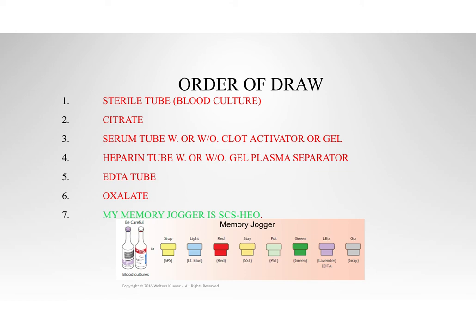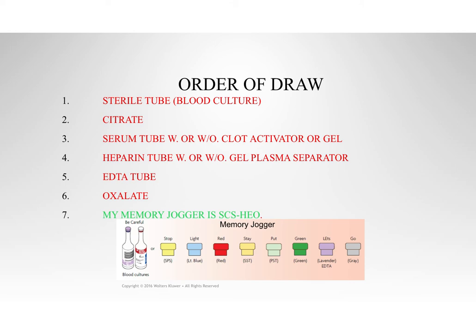But if you have a citrate tube and an oxalate tube, you're going to draw the citrate and then the oxalate. You don't have any of the others, okay? If you have 3 serum tubes, you're just doing serum tubes, okay? So you put it in the order it would go with what you have there, because you're not going to be drawing all of these things all of the time, okay?